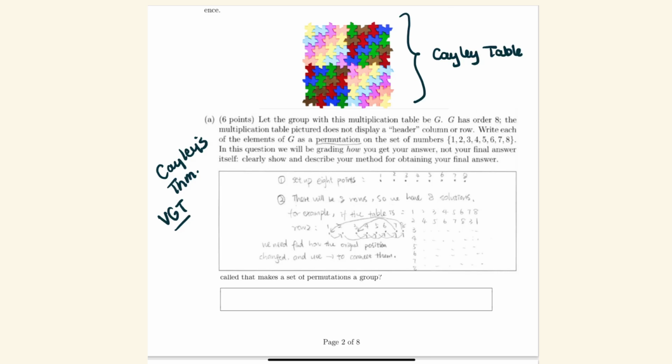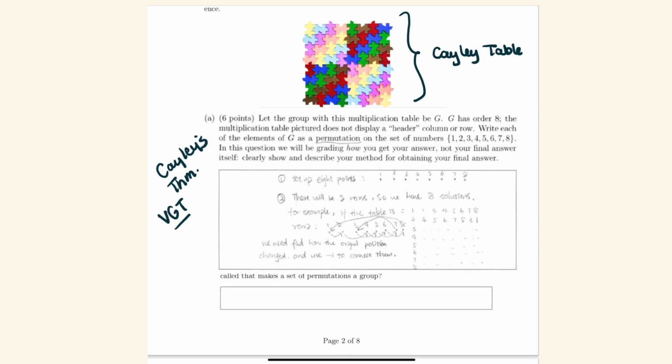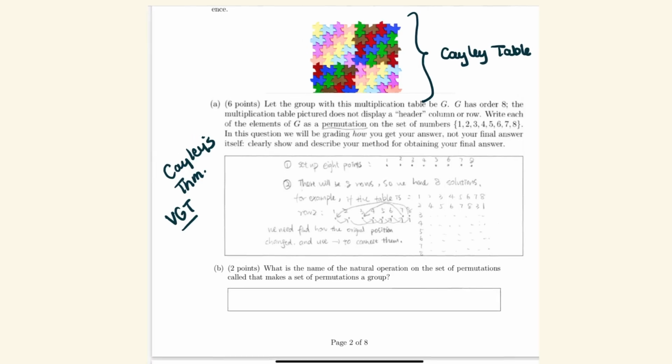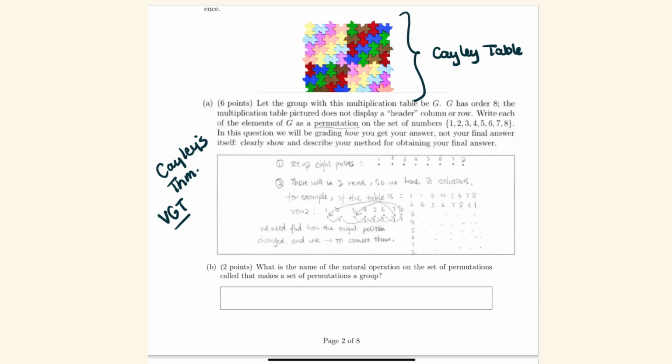Okay, so I'm gonna just move this up. And the second part was one of the things that was kind of disappointing to me here. What was the name of the natural operation on the set of permutations? This is one of the questions that we did in both sections, as a poll question even, because a lot of people couldn't do it. So how do we put permutations together?